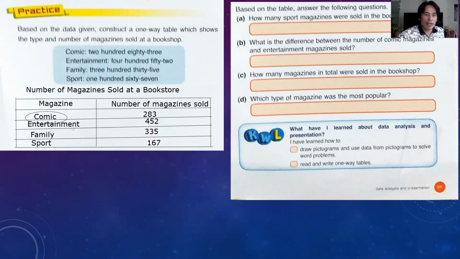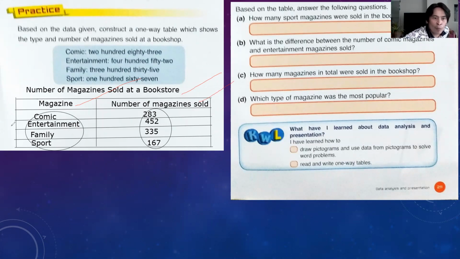This is 1 point. This is also 1 point. So you have to check by yourself, class. If I'm going to have a red pen here, the title is 1 point. The name of the first column is also 1 point. The name of the second column is another 1 point. So that's 3 points now.